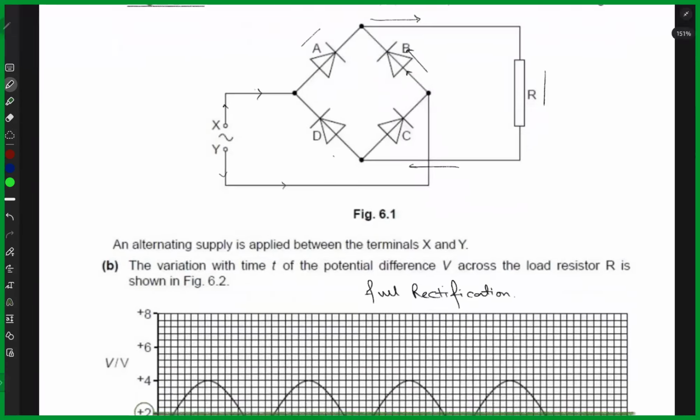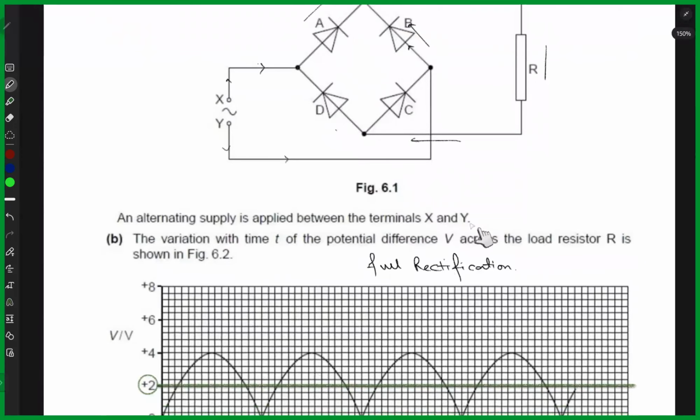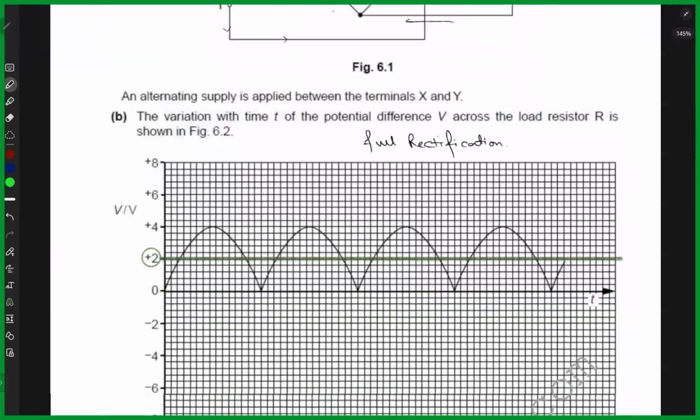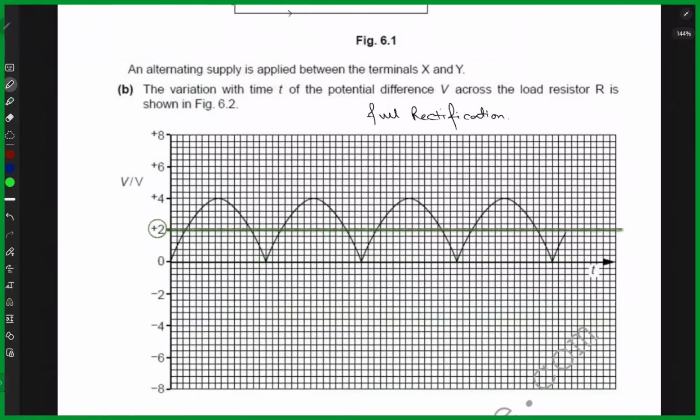Now, an alternating supply is applied between terminals X and Y. How the potential varies with respect to time is shown in the figure, right? So again, you can see that the figure is a full wave rectification, as you would expect. Let's look at some of the values over here. It's starting from 0.